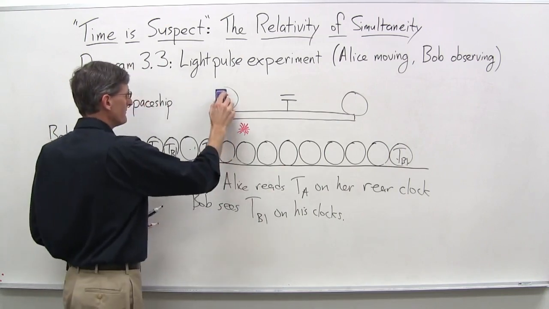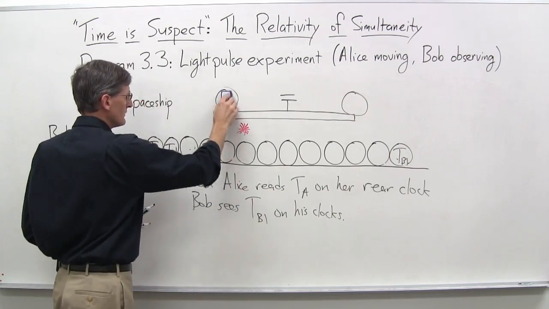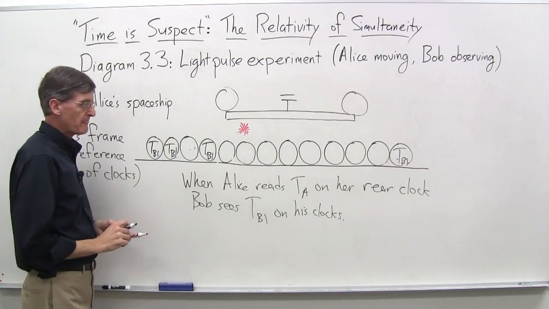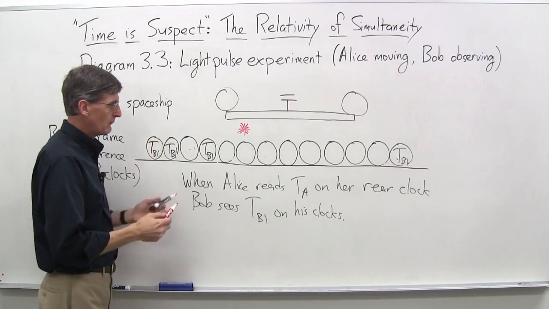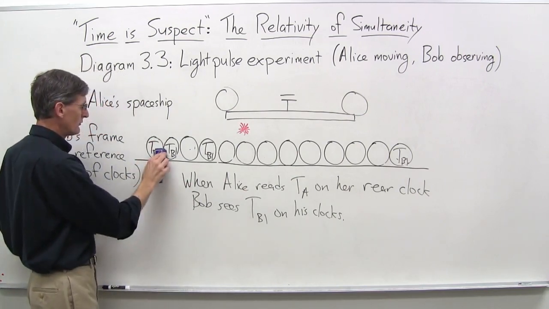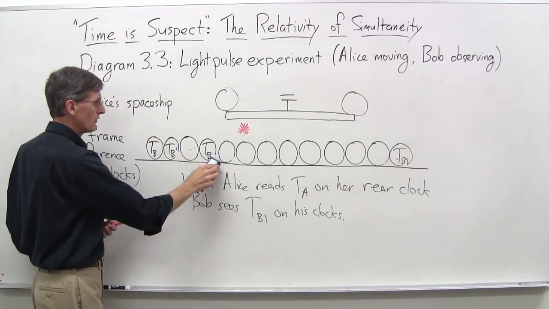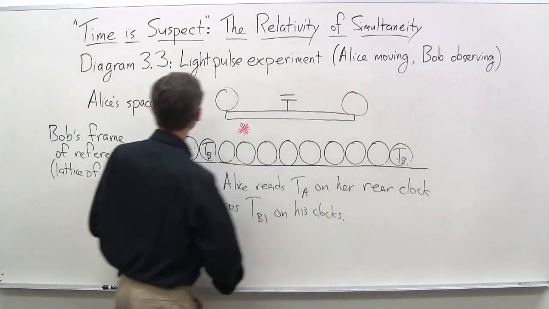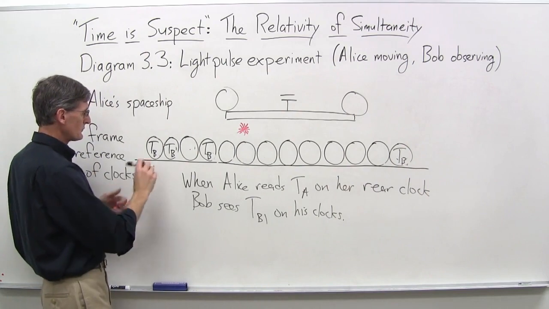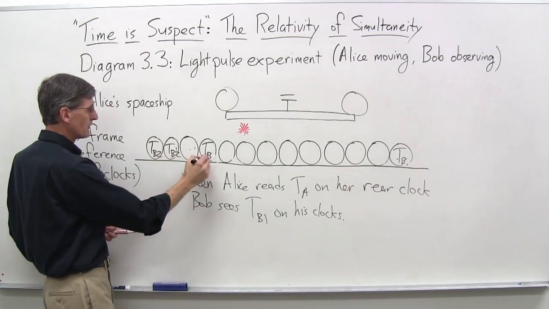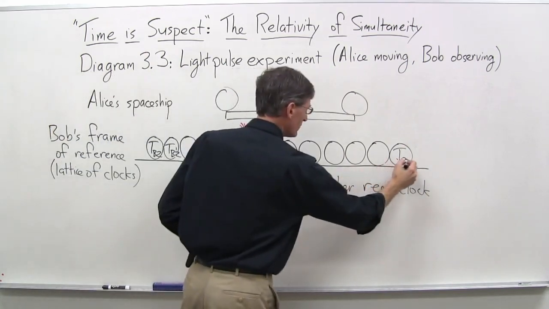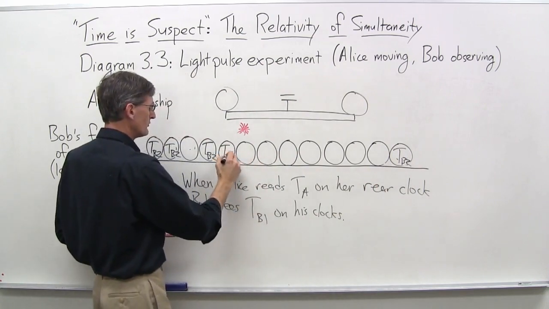Now, at this point, this clock has moved on, and we'll get back to that in a minute, but what do we see? And this is no longer TB1, so now we're at diagram 3.3. So Bob's clocks have moved on. Now they're all reading TB2 here, and this is TB2, and this one also is TB2.